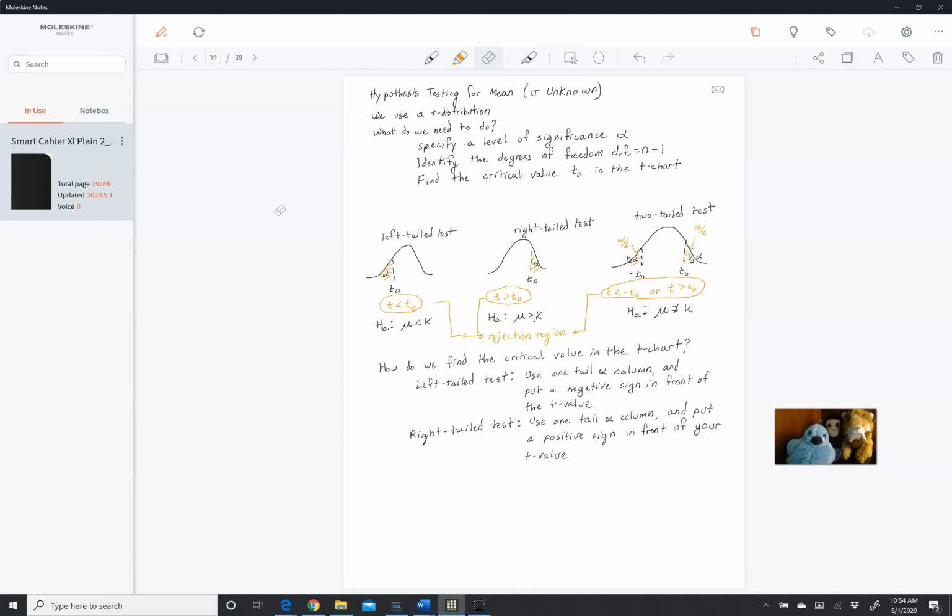And then for the two-tail test, there's a two-tail column, with your level of significance specified.